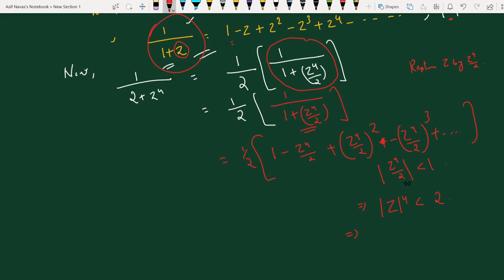So which implies if you take the fourth root, mod z minus 0 is less than 2 raised to 1 by 4.